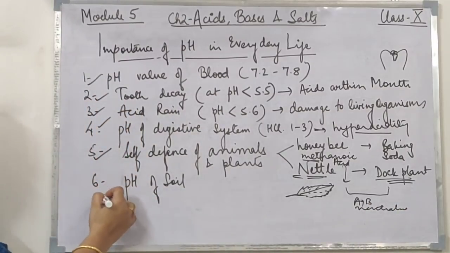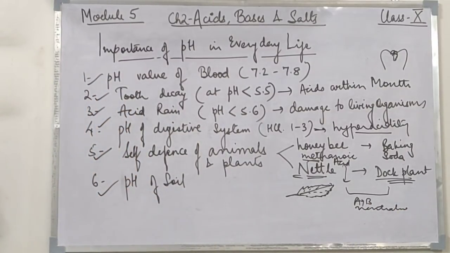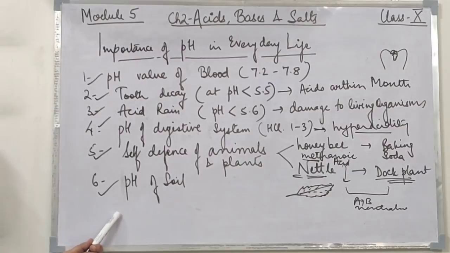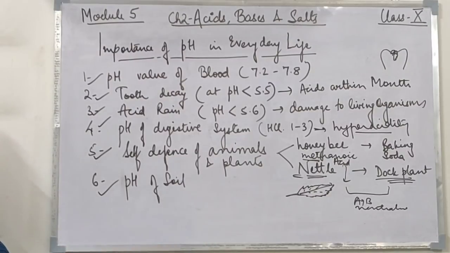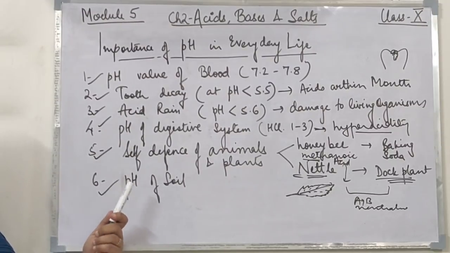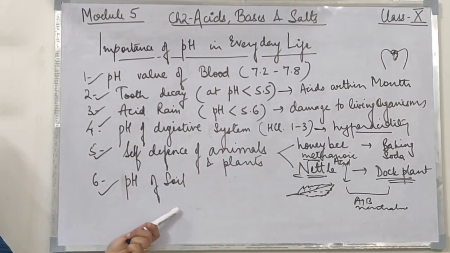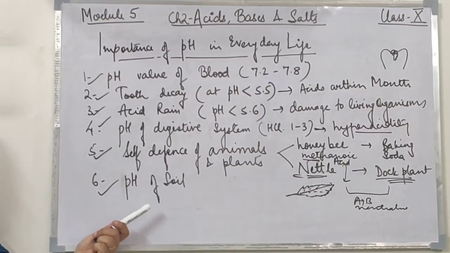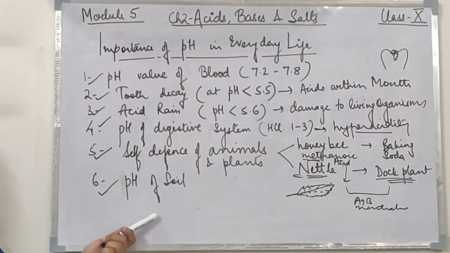Last but not the least, children, we will discuss the pH of soil. The pH of soil is very important, and farmers are also advised to get the pH of their farms and soil tested, because knowledge of the correct pH helps them devise ways and use the correct amount of fertilizers.